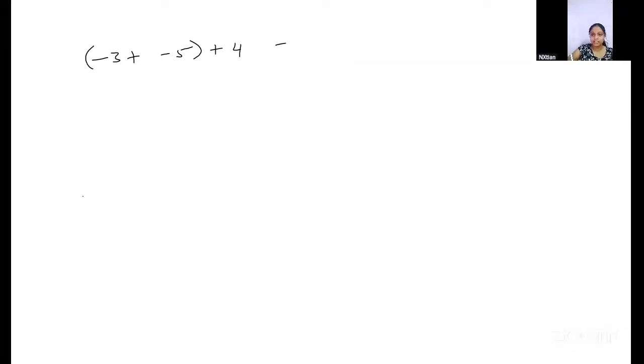And another one is -3 + (-5 + 4). Solve these two and let me know the answer.